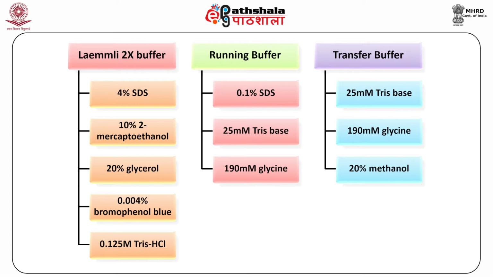Running buffer or Tris glycine/SDS at pH 8.3 contains 0.1% SDS, 25 millimolar Tris base, 190 millimolar glycine. Transfer buffer at pH 8.3, wet, contains 25 millimolar Tris base, 190 millimolar glycine and 20% ethanol.